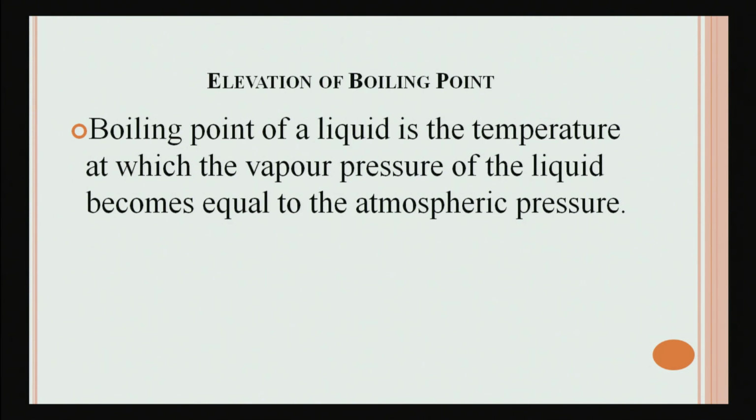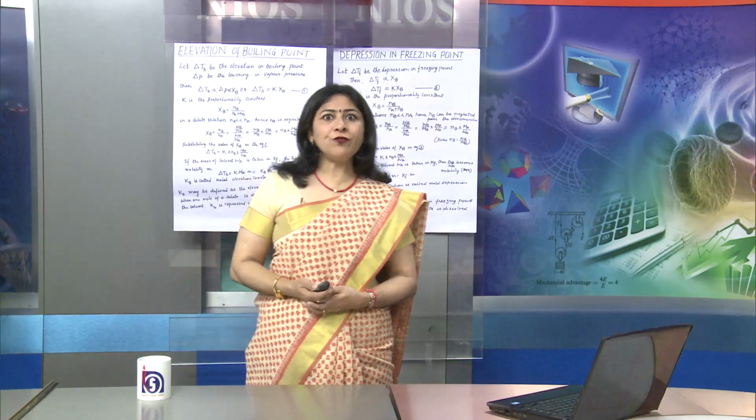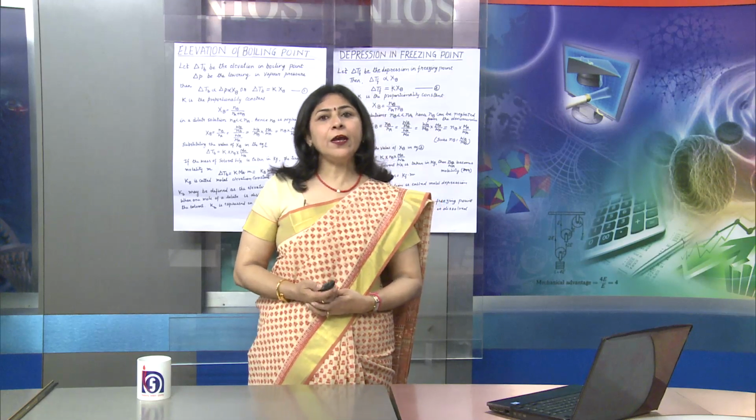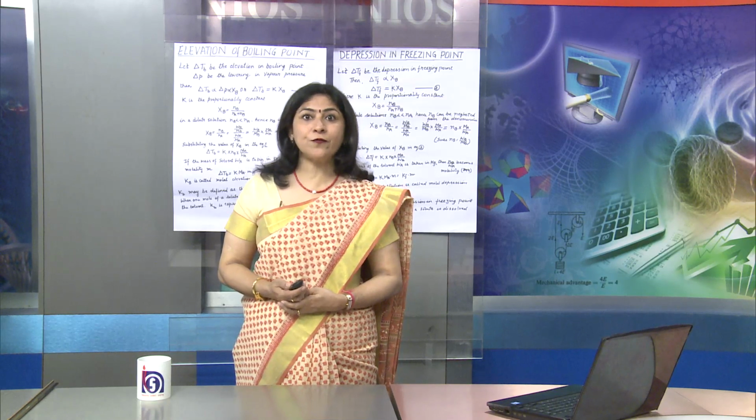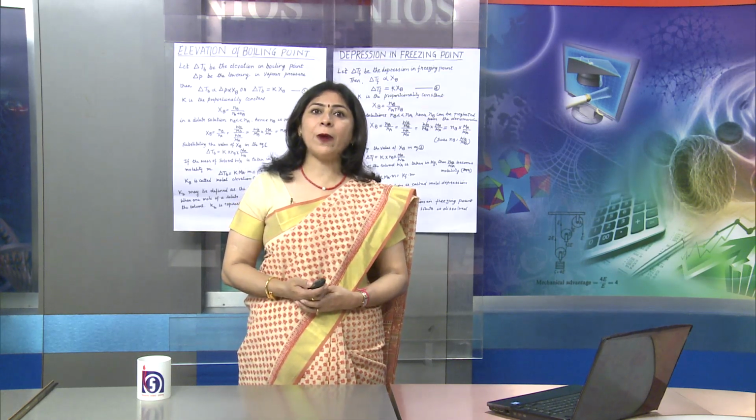Boiling point of a liquid is the temperature at which the vapor pressure of the liquid becomes equal to the atmospheric pressure. So, vapor pressure of the solvent decreases in the presence of a non-volatile solute. This we have discussed in part 2.